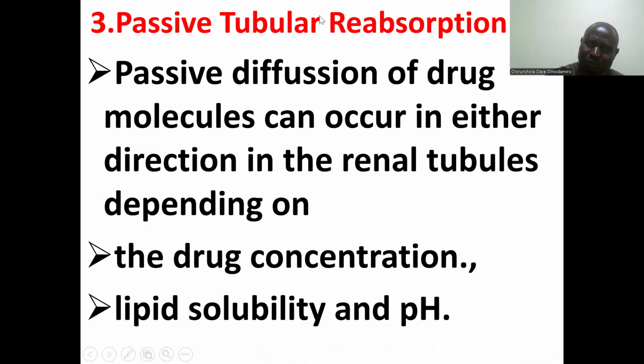And it is called tubular because it takes place in the tube, in the lumen of the tubule, where the reabsorption actually takes place. So what actually happens is that the drug can diffuse. There can be a passive diffusion of the drug molecule. It can occur in the renal tubule.